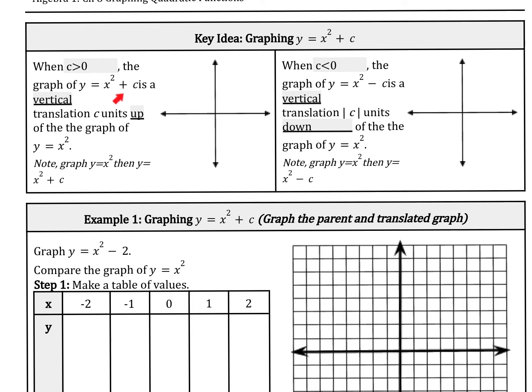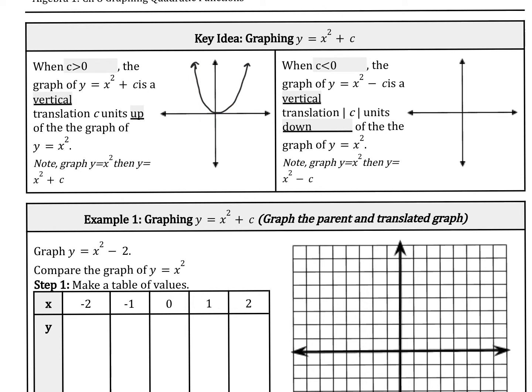Originally the graph always starts from 0, 0. If it is plus c, you move the graph up c units. So let's say this is our original graph, y equals x squared.